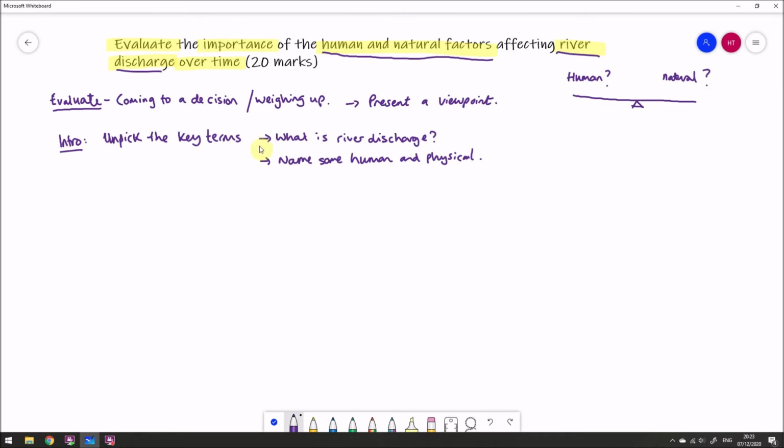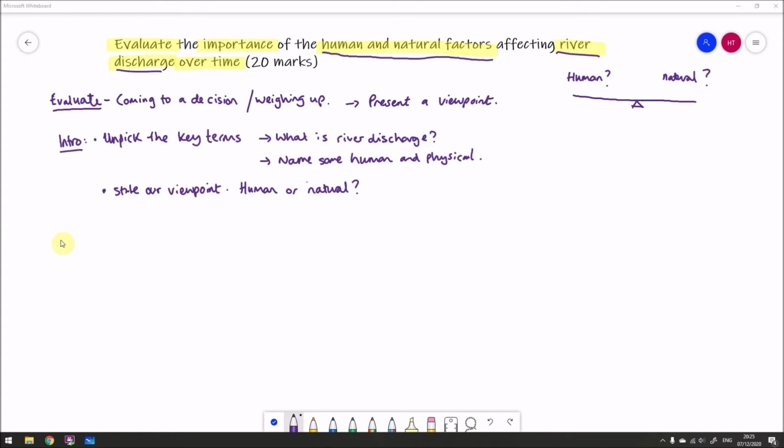We'll come on to that. So we're going to give our intro where we're going to unpick the key terms, and we're also going to state our viewpoint. So we want to make sure that we're very clear about which of these two factors, human or natural, which one has the greatest influence. Okay, come out and say that right at the start.